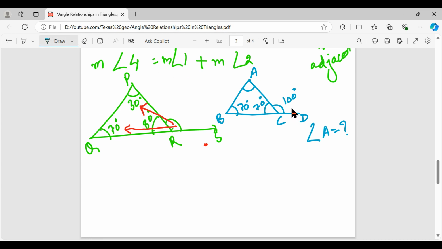See, as per this theorem, the measure of the exterior angle ACD equals the measure of the opposite interior angles.